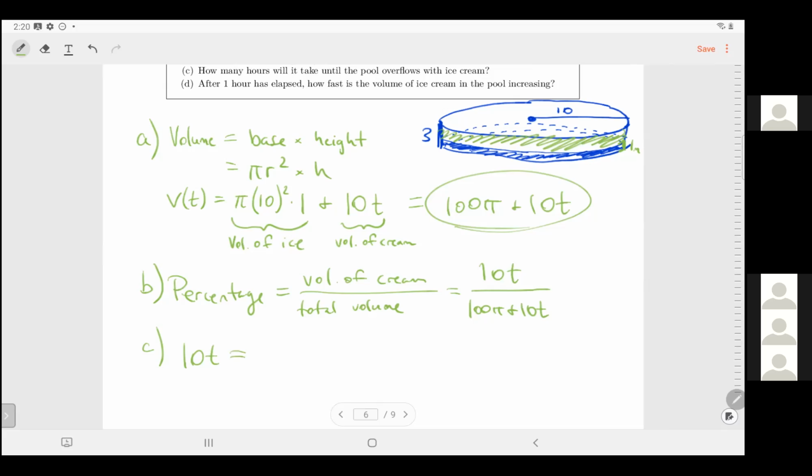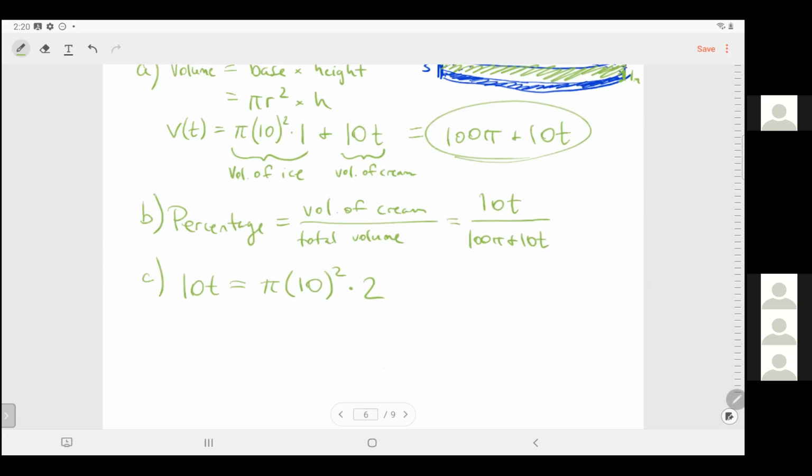And I want to know when that's equal to, let's just say, that. Okay, so this is like saying, actually, maybe there's an easier way to say this. Yeah, I don't know. That would be correct.